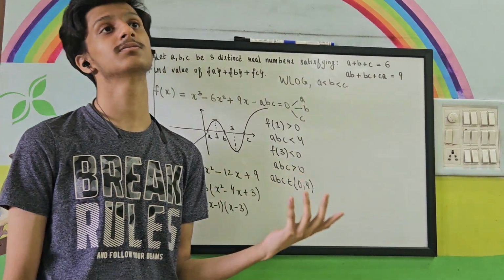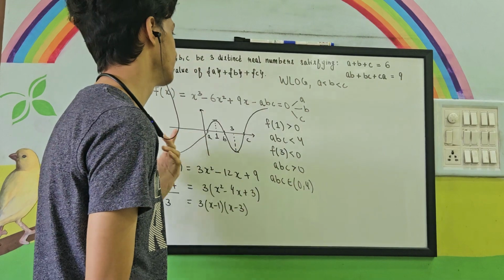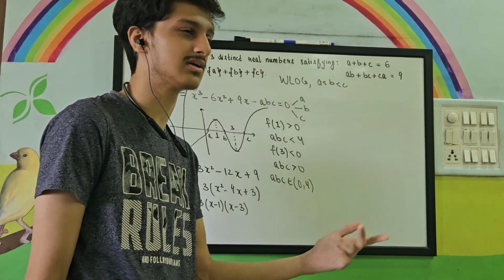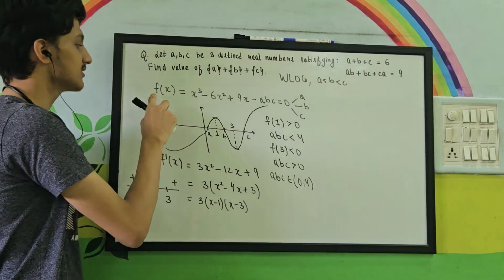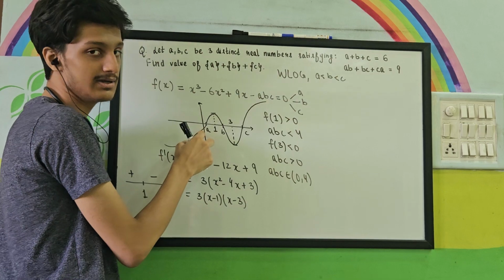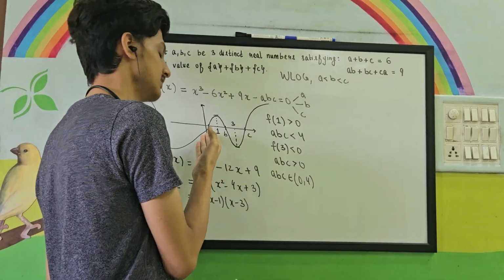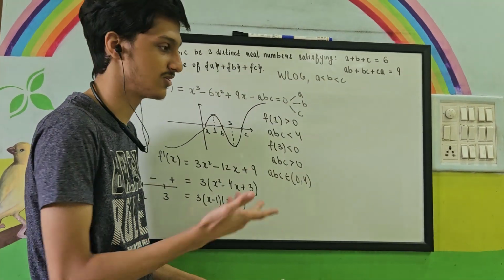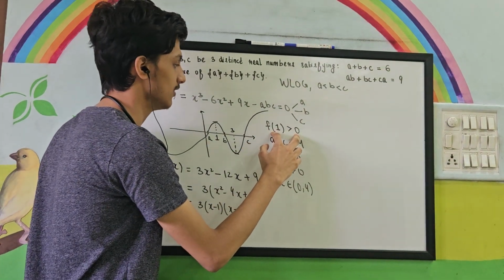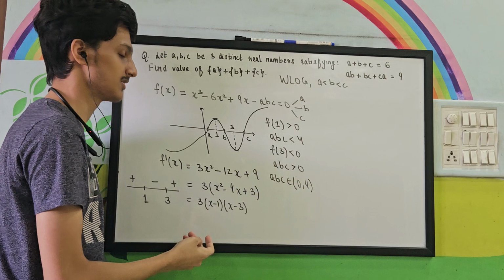In order to use the intermediate value theorem, let me just calculate the values of f of x at different values of x, like 0, 1, 2, 3, and so on. So let's notice f of 0 over here is minus ABC, so f of 0 will definitely be negative, which is seen in our graph here as well. I was lucky, I guess, drawing the graph. Next up, we know that f of 1 is greater than 0 because of the maximum condition.